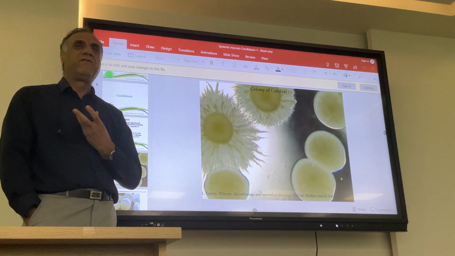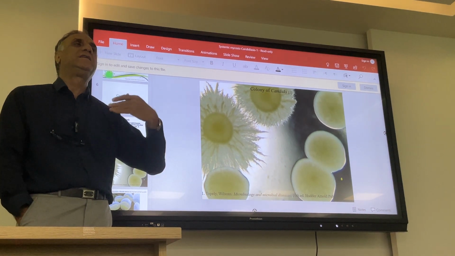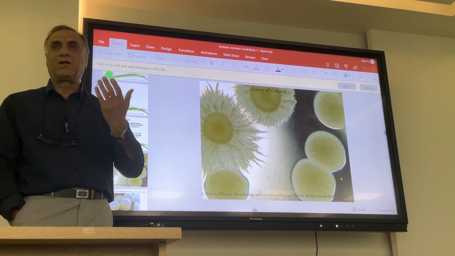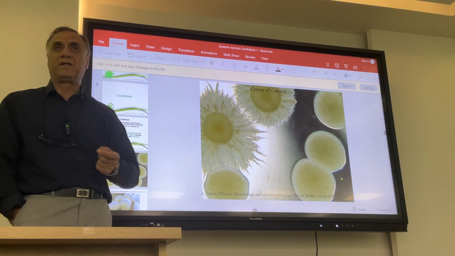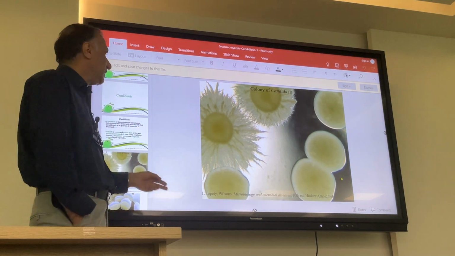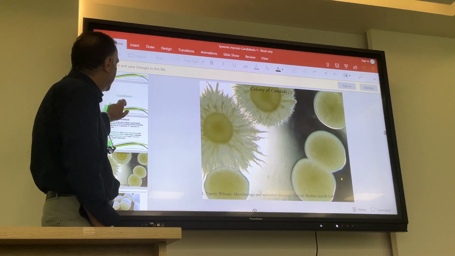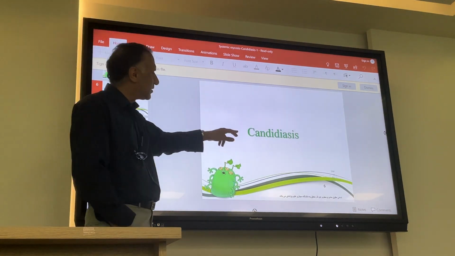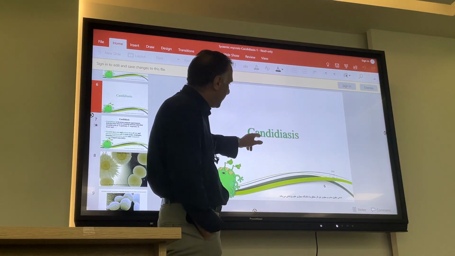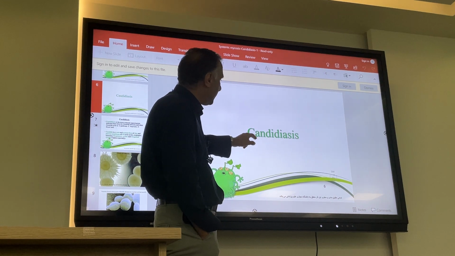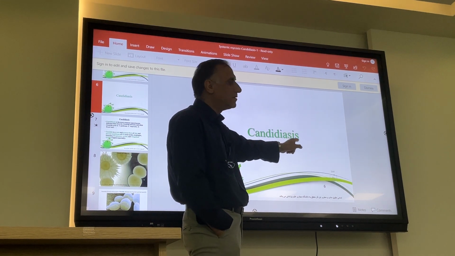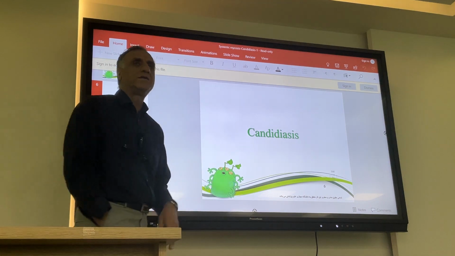And when we find pseudohyphae in tissue material, the diagnosis is candidiasis. Candidiasis is the name of the infection. We can use the name of the fungus plus -osis: candidiasis.